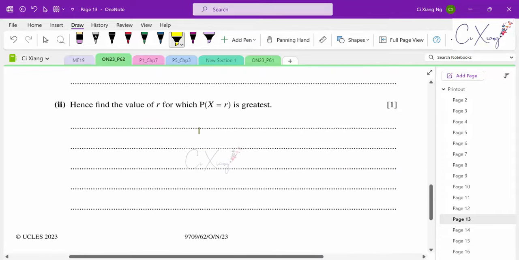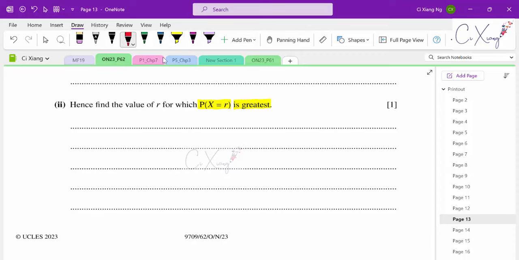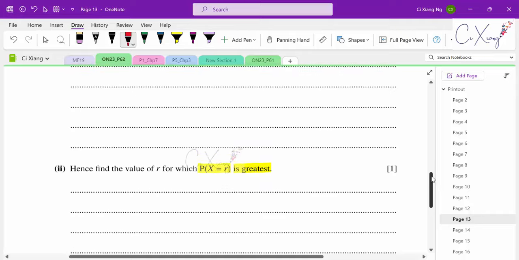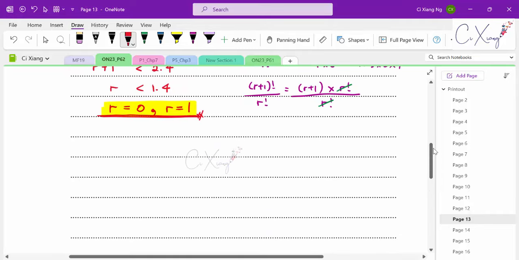Let's continue to part C number 2. They want you to find the value of r when P(X = r) is greatest. You can see that r can be equal to 0 and also r can be equal to 1.